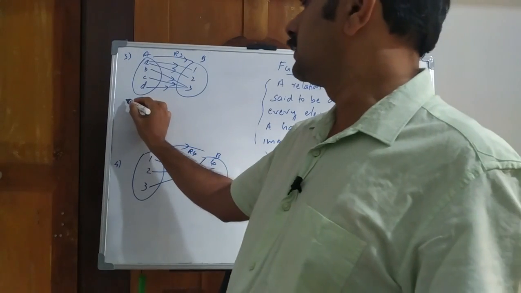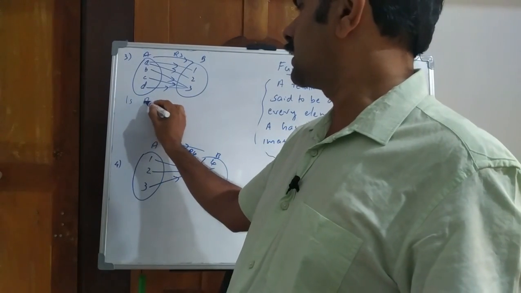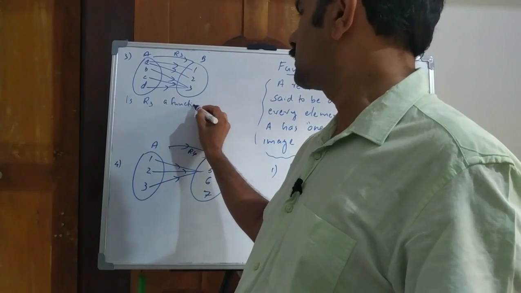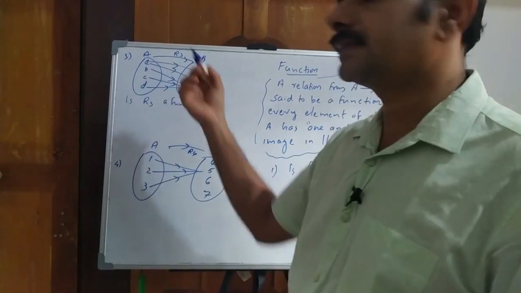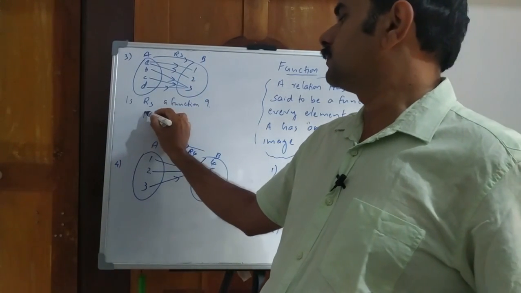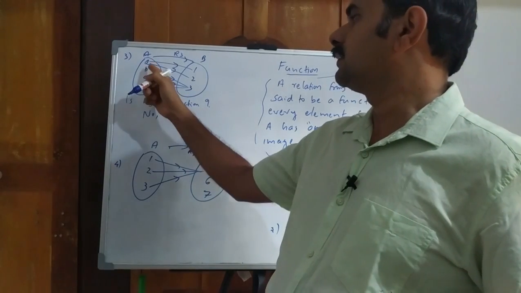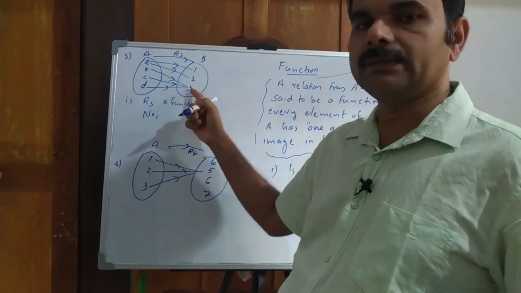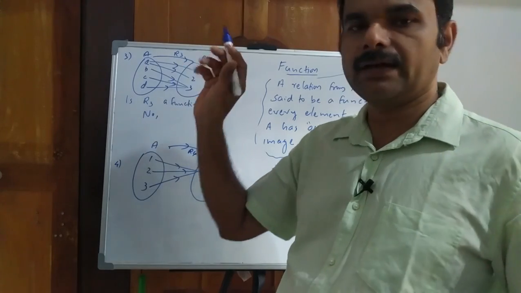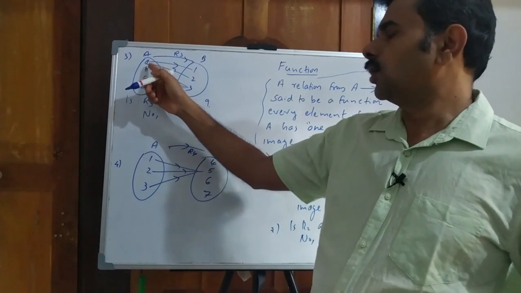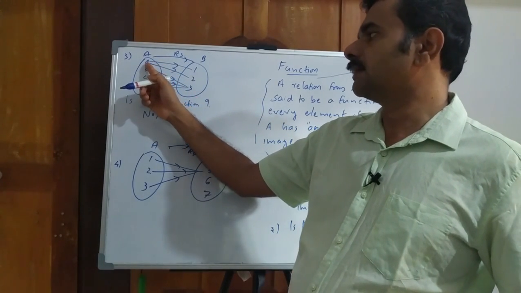Similarly, is R3 a function? No. Why? Every element of A is connected with the elements of the set B, that is okay, but one and only one property is not satisfied. Here, how many images for this element A?